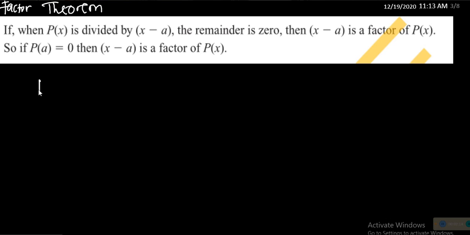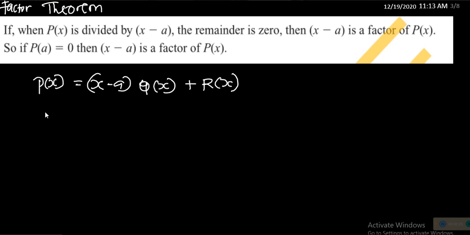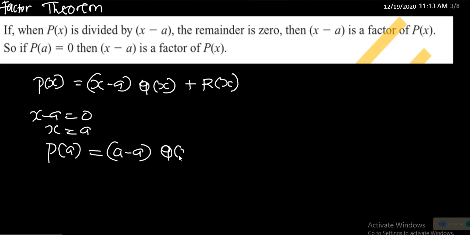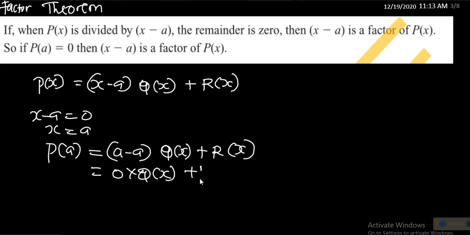Remember we said that if p of x equals x minus a multiplied by q of x plus r of x, then if x minus a equals 0, then x equals a. So if you put a for x here, you have a minus a into q of x plus r of x, and that will be 0 multiplied by q of x plus r of x, which is 0 plus r of x, which is r of x.